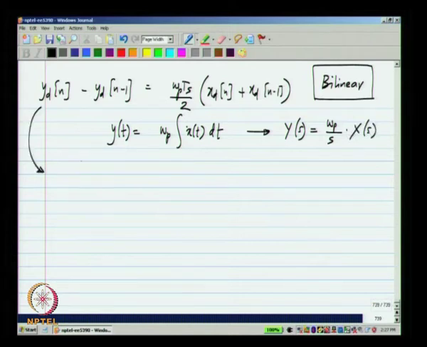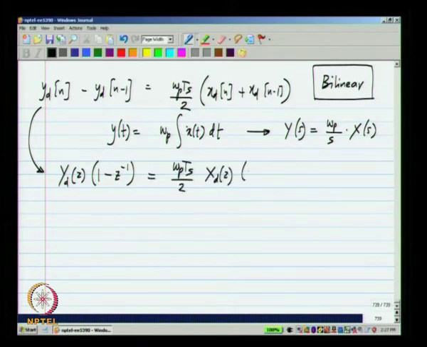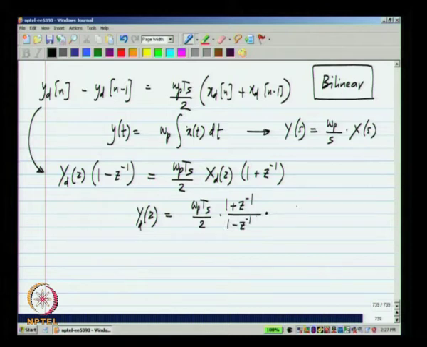If I take the z transform of this, I will get Y_d of z (1 minus z inverse) equals omega_p T_s by 2 times X_d of z (1 plus z inverse). If I rewrite this, Y_d of z will be omega_p T_s by 2 times (1 plus z inverse) by (1 minus z inverse) times X_d of z.